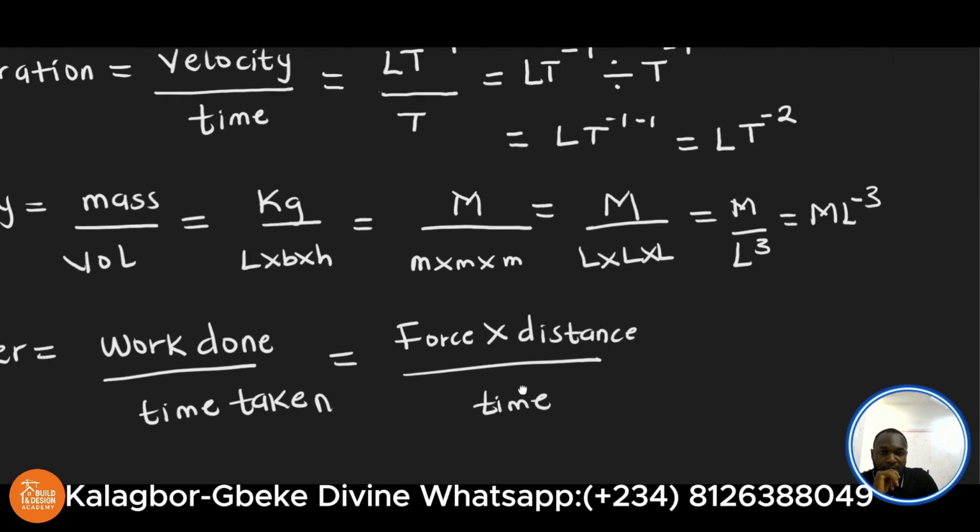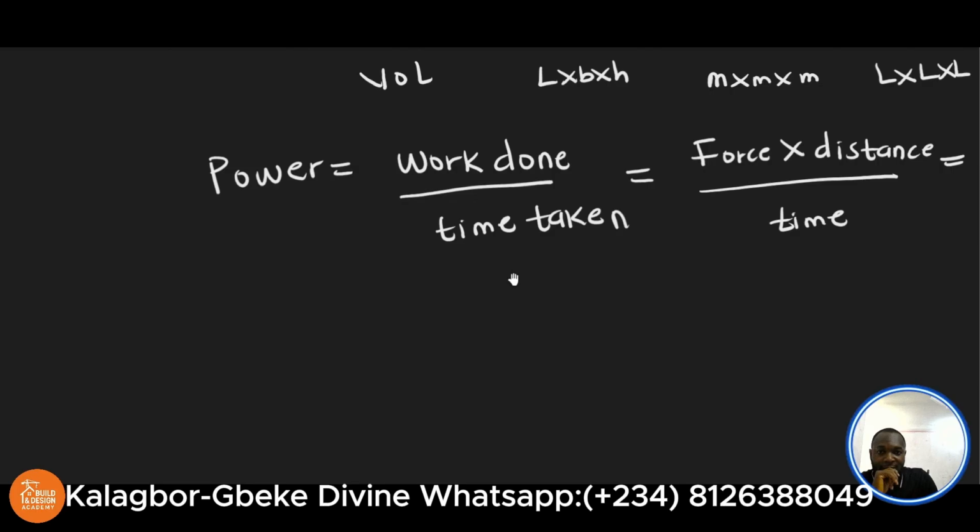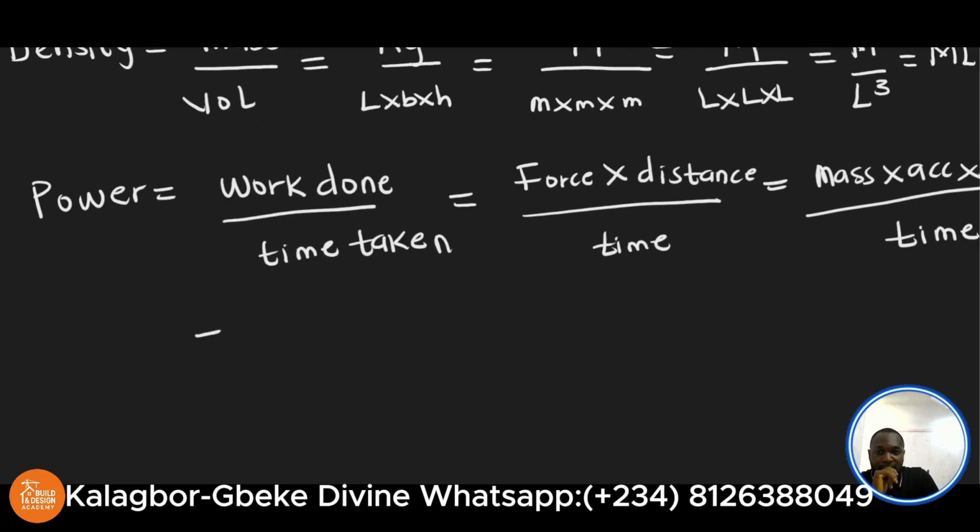So force is simply mass times acceleration, right? Force is mass times acceleration, and then times distance, all over time. We will now have that mass is measured in kilogram.